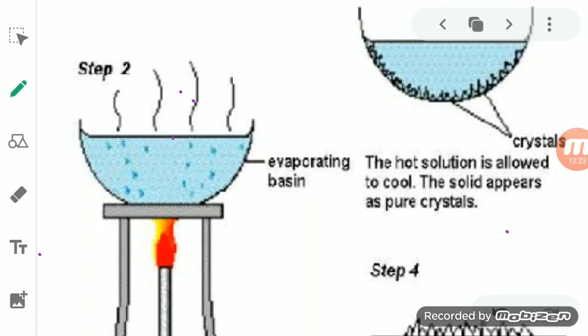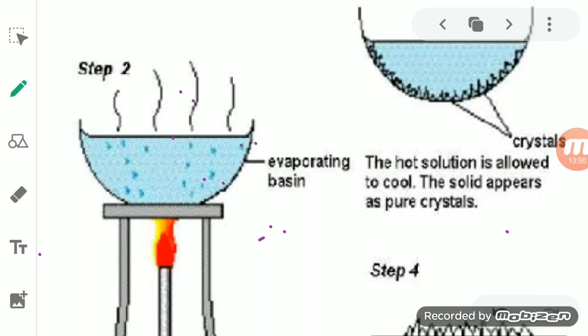Most of the water vapor starts evaporating, so the solvent in which you dissolved the solid gets evaporated and the solid substance remains. We continue until most of the solvent has evaporated. That's why we say we heat till we get a concentrated solution, when the amount of solvent is less, and thus it becomes a concentrated solution.